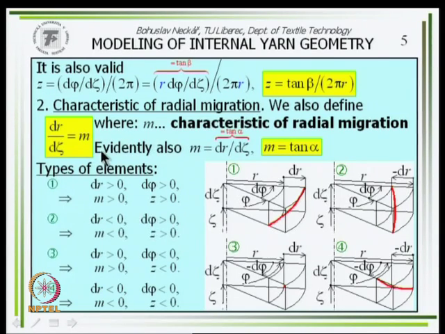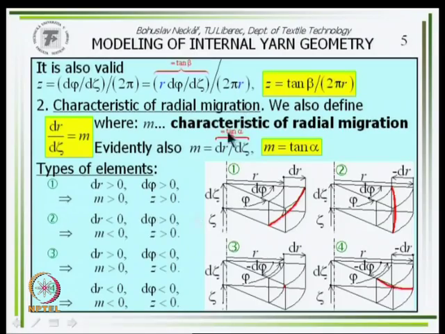Evidently, going back to our equations about angles, we can write that this m is the same as tangent alpha. I must say that we conventionally use d zeta, the increase of the vertical coordinate, as a positive value.